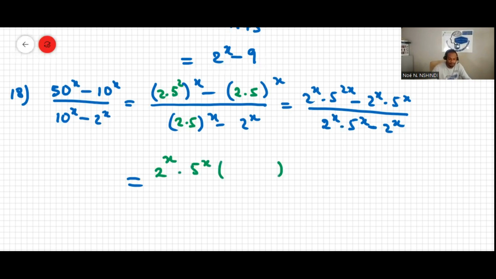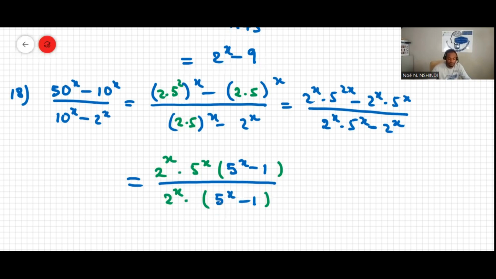And then we will be left with 5 to the power of x minus 1, all over, again, over here, only 2 to the x, which is the common factor here. Because it is over here, it is also over there. We can take it as the common factor. And then there is going to be 5 to the x minus 1.